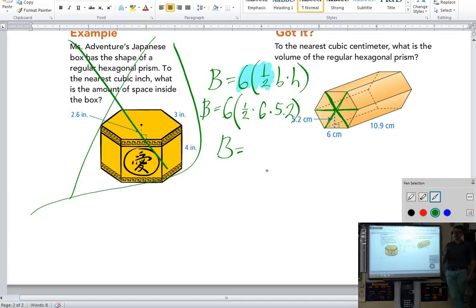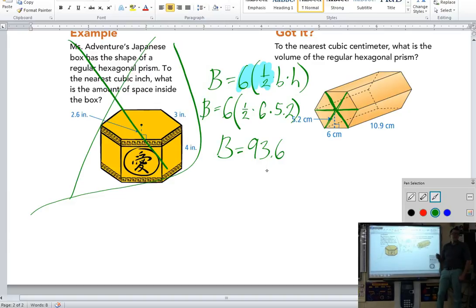You'll get the same thing even if you took a slightly different method. So what'd you get? I got 1,020. So let's check it. Half of this 6 is 3 times 5.2 would be 15.6 times 6. It's 93.6. Yeah, 94, if you round it. At the end, you round at the end once you get your volume.